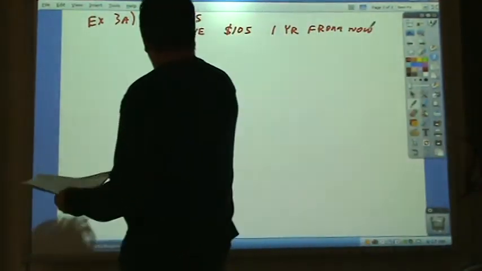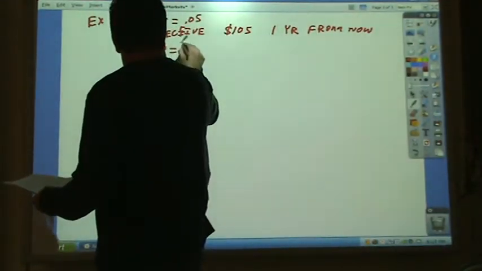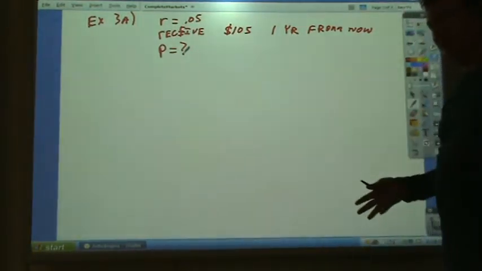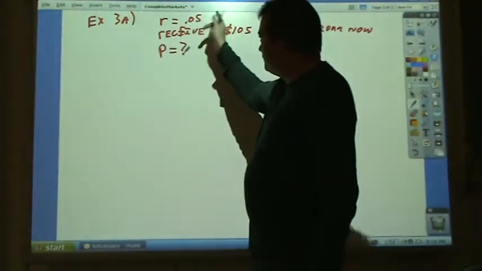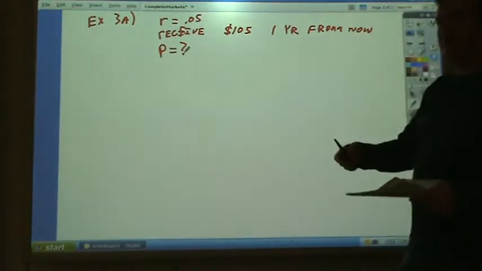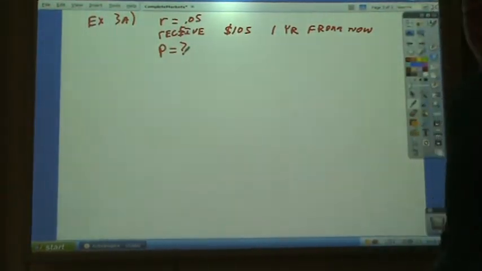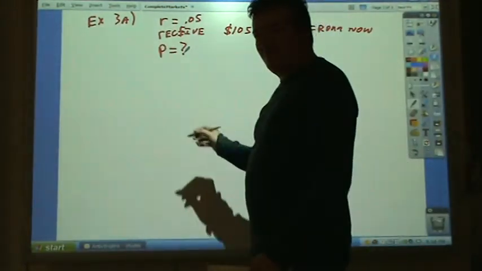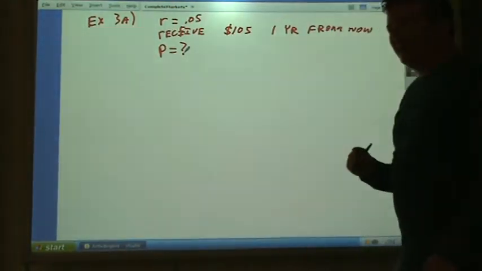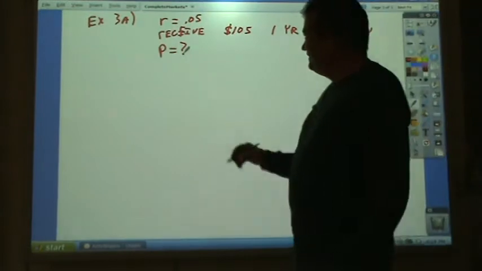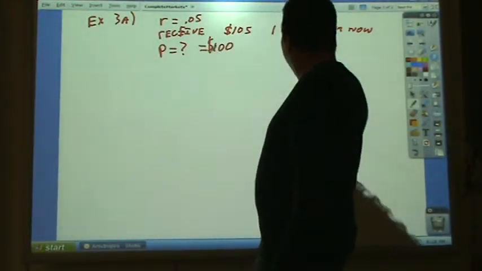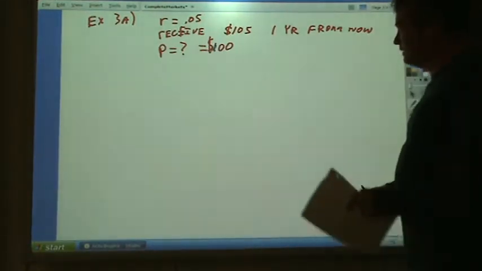What would you pay today? If you're going to receive $105 a year from today, and the interest rate is 5%, what would be the fair price to pay today to receive $105 a year from now? Hopefully that's an easy one. 100. We would pay $100 today if the free market rate was 105.